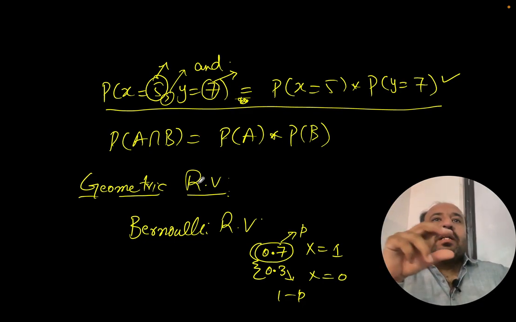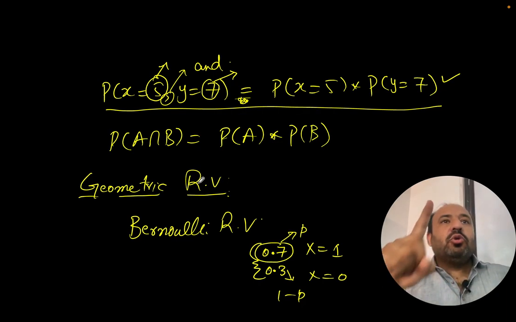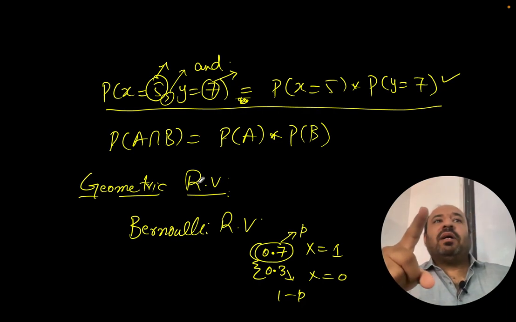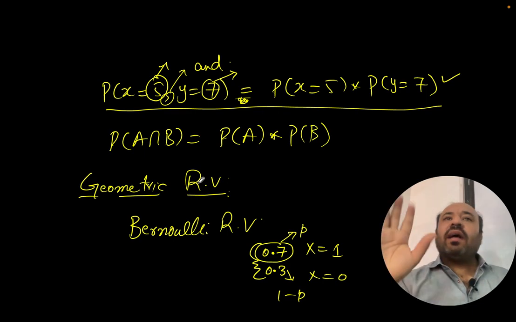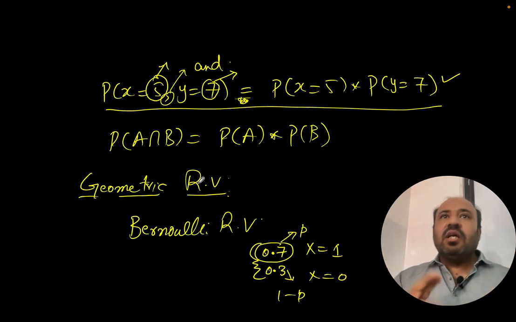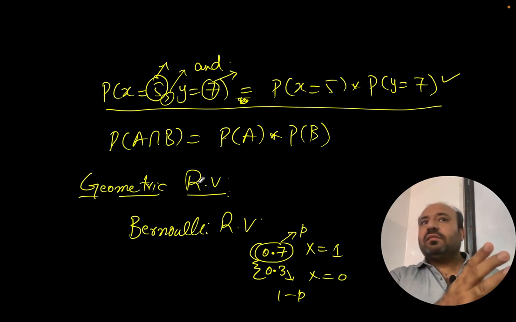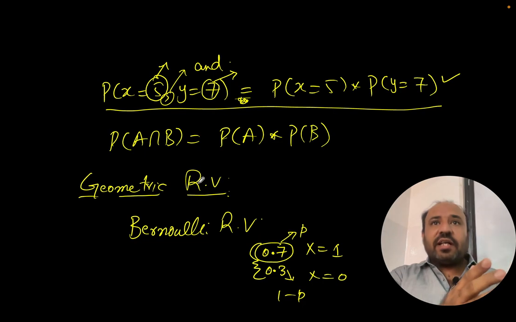Okay, so the geometric experiment is the following. You keep on repeating Bernoulli experiments until you get a success, whatever success you have defined and whatever the Bernoulli experiment is. You have a Bernoulli experiment, you do it. If you fail, you repeat it. If you fail, you repeat it.